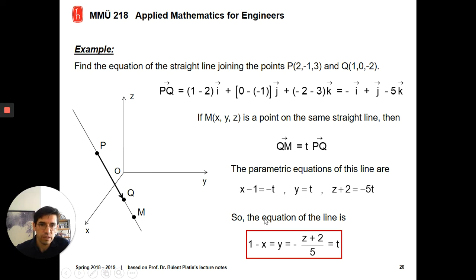If I rearrange the terms to leave the t alone, I will get the closed form of that equation.